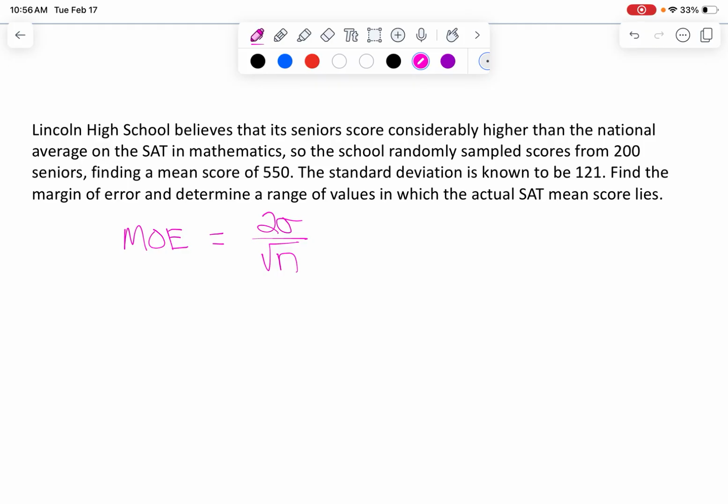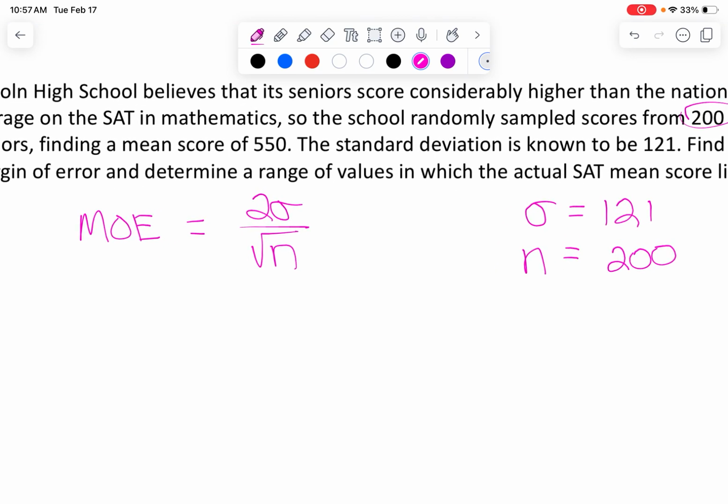So in this particular case, what do I know? I know that the standard deviation is 121. I also know that n is 200, right? They sampled 200.